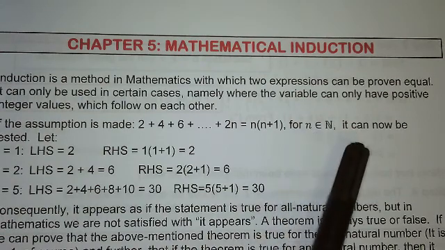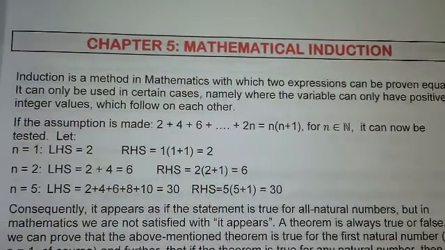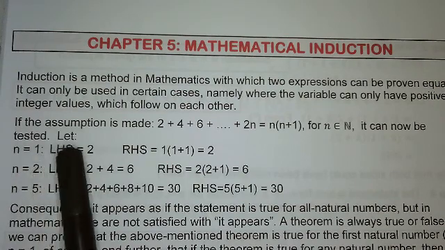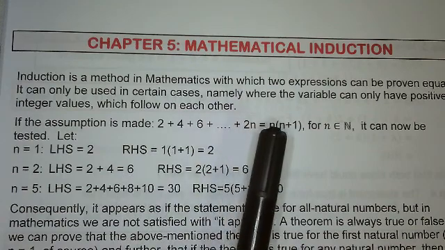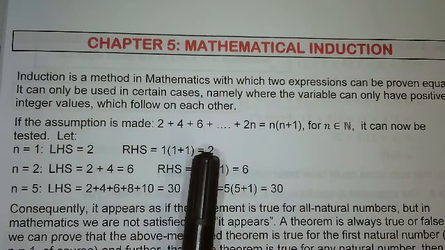So now we can test that. Let's take the left hand side. If my n is equal to 1, the first natural number, then your left hand side will be 2. Your right hand side is then 1 bracket 1 plus 1, which is also 2.